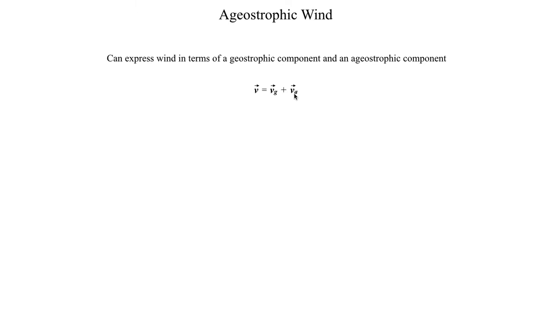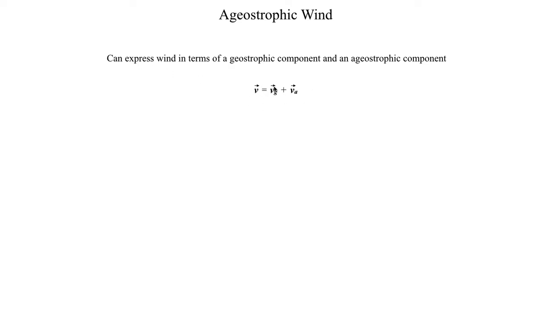If the atmosphere were purely geostrophic, then the actual wind would exactly equal the geostrophic wind. But strictly speaking, the atmosphere is never perfectly geostrophic; it can be approximately geostrophic. So there's always this non-geostrophic or ageostrophic component present in the atmosphere somewhere.